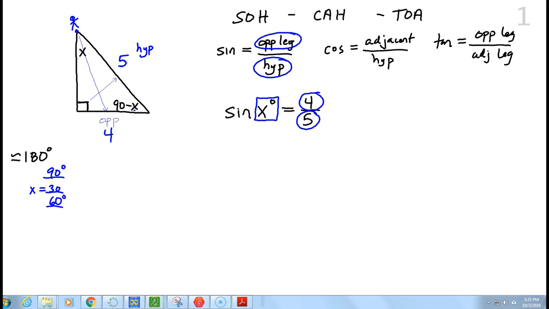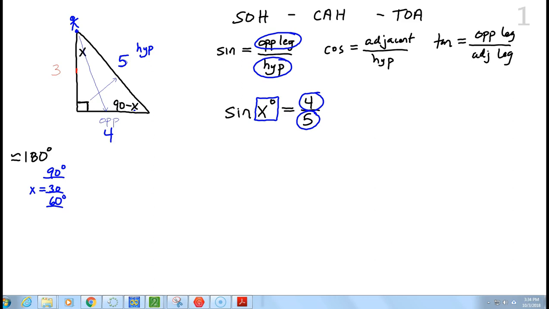Now, I don't really need the adjacent leg, the leg right next to me, but I could use a Pythagorean triple that I know always works. That's 3, 4, 5. 3 squared plus 4 squared is 5 squared. I don't really need that 3, but I just thought I'd sneak that in there.